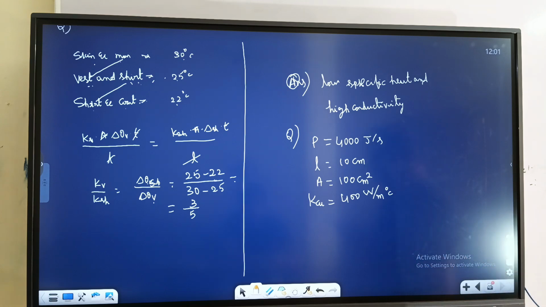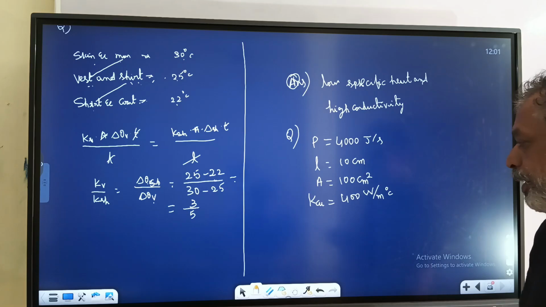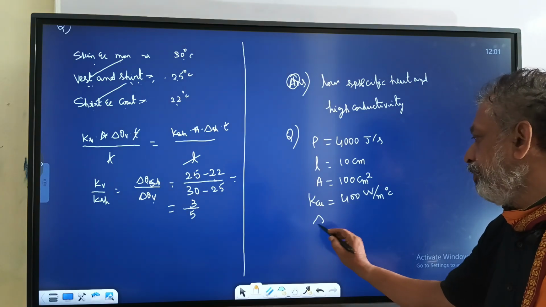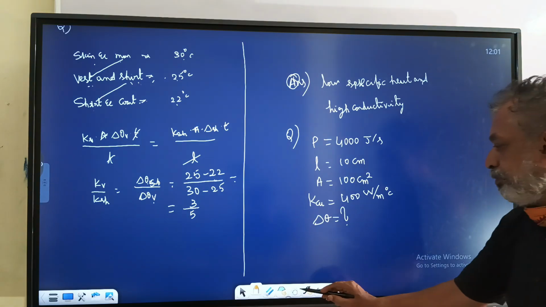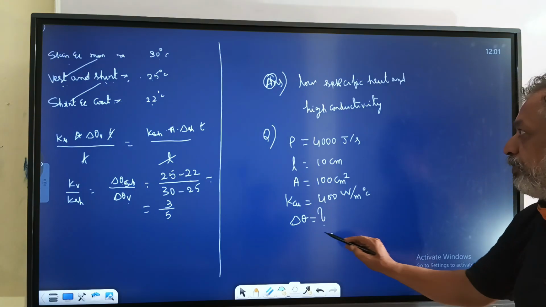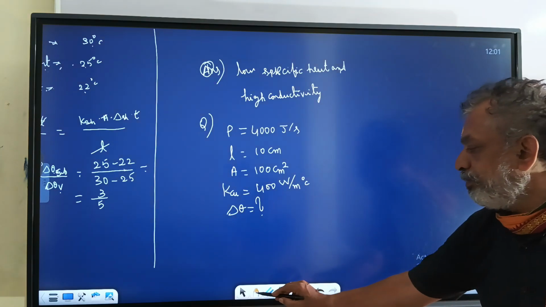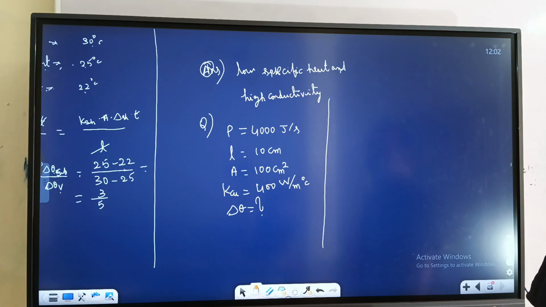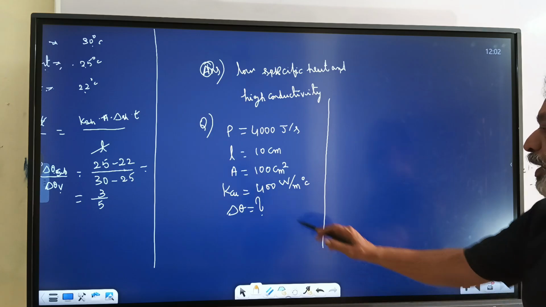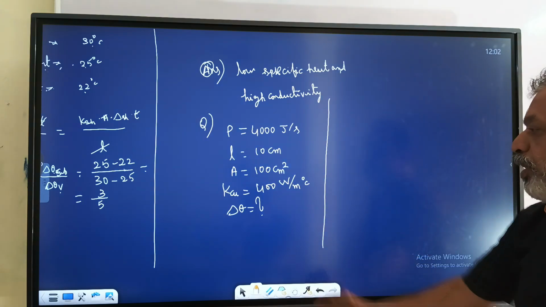The two ends of this rod must be kept at a temperature difference of, so you want to find delta theta.